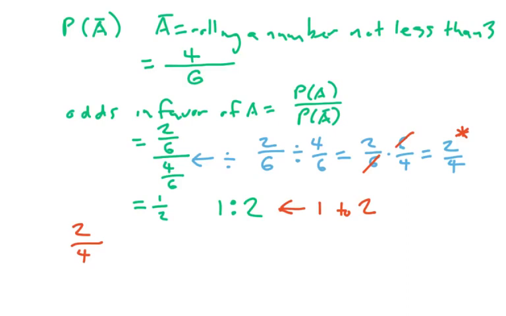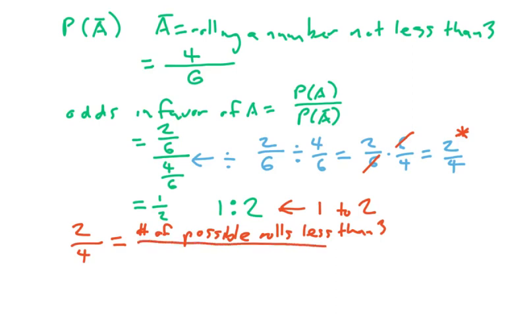And if you think about it, that simply is the number of possible rolls that are less than 3. In other words, those are the rolls you want. The 4, which comes from the complement up here, is the number of rolls not less than 3. The outcomes you don't want.